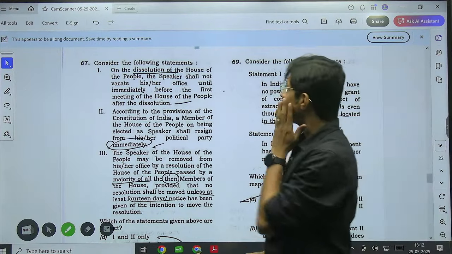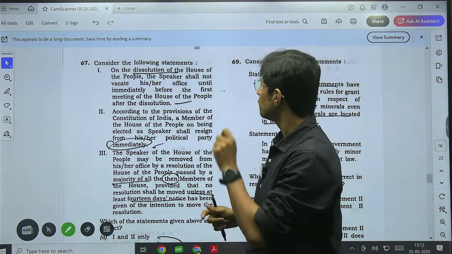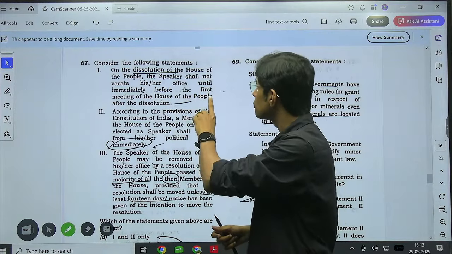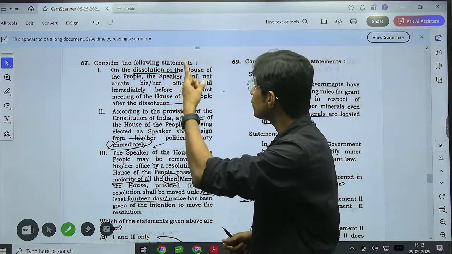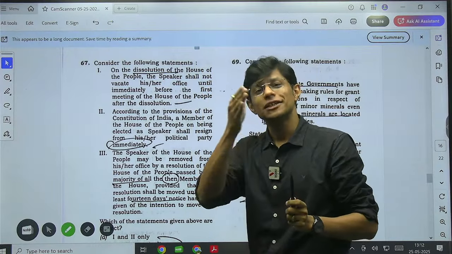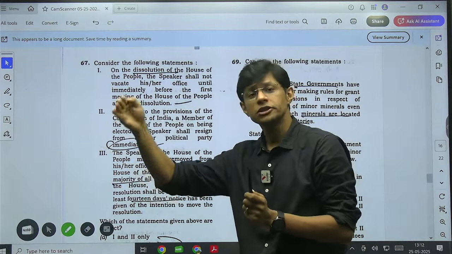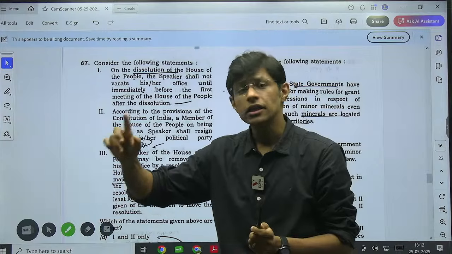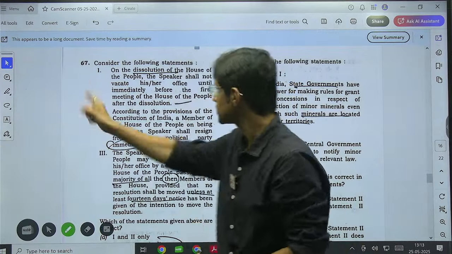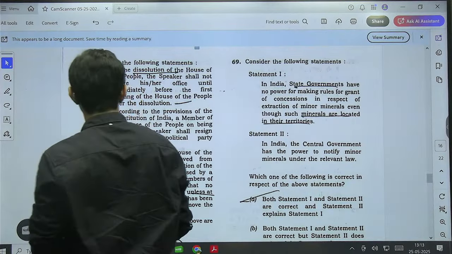On the dissolution of the House of the People, the Speaker shall not vacate his or her office until immediately before the first meeting of the House of the People after the dissolution, which means once the Lok Sabha is dissolved, the Speaker will continue to hold his or her position until the newly reconstituted Lok Sabha is formed. So this statement is absolutely correct. Shall not vacate, yes.